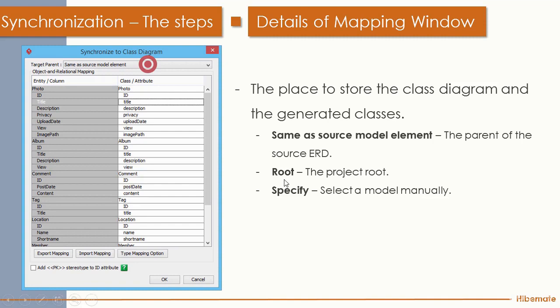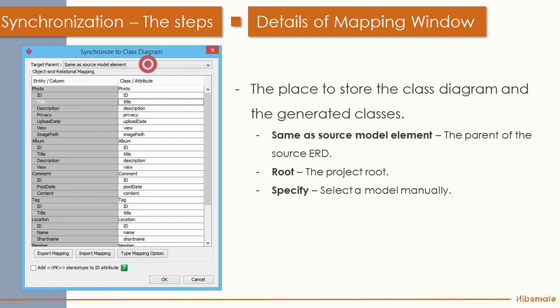Or you can generate to the root, which we don't suggest. Or you can select another model to generate to. The model is something like a folder in the file system. Then you can put it in the model. It's also a good practice to put the entities in one model that focuses on the database, and another model that focuses on the classes.